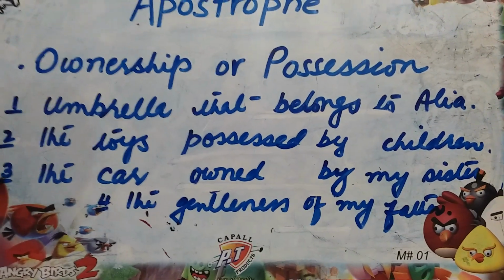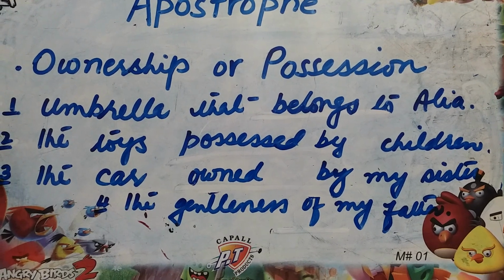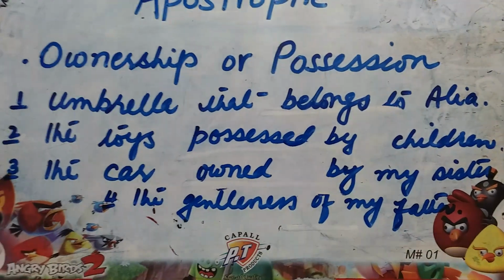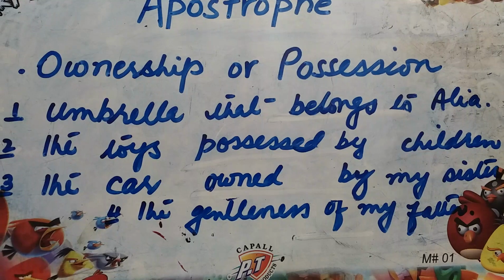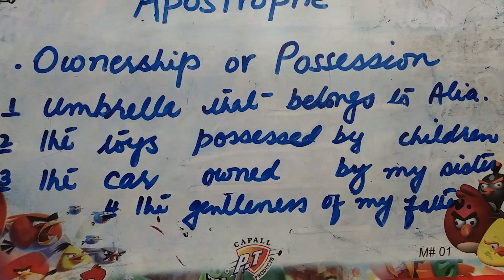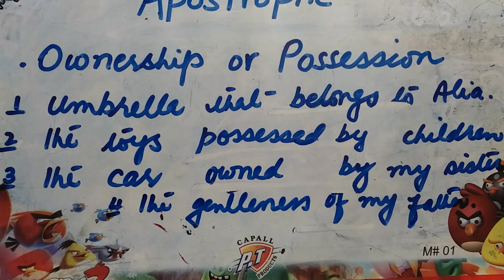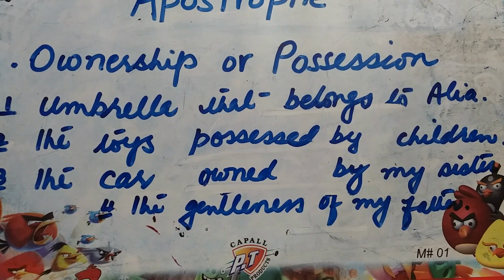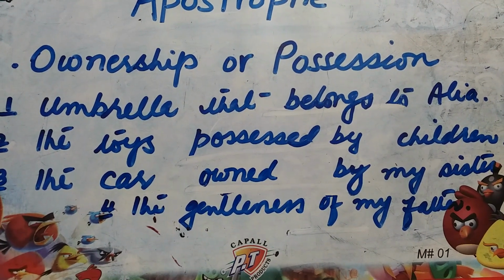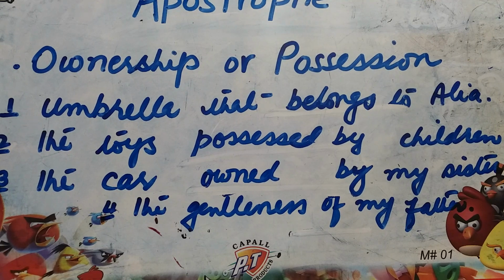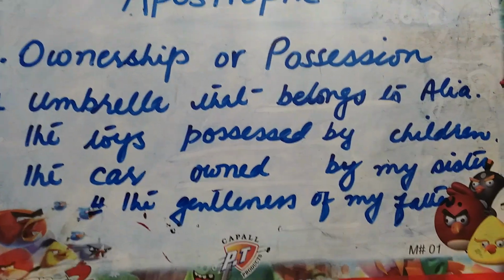And I have some examples here. For example, the umbrella that belongs to Alia, the toys possessed by children, the car owned by my sister, the gentleness of my father.